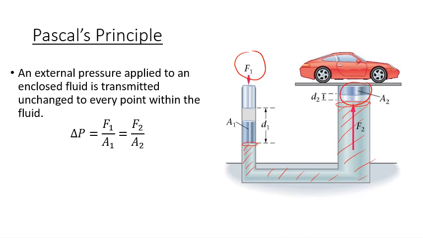And here, by applying a smaller force on a smaller area, you can transmit that force to lift a car. That means you can transmit it to a higher force.